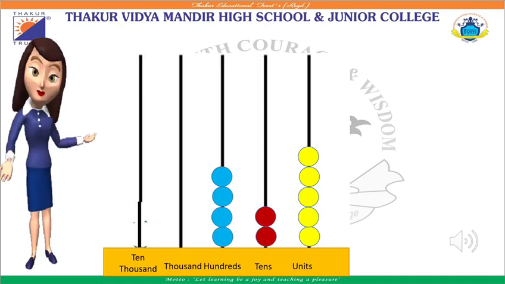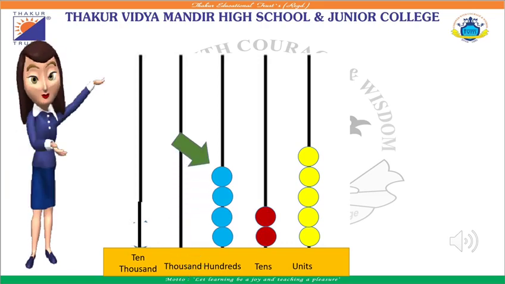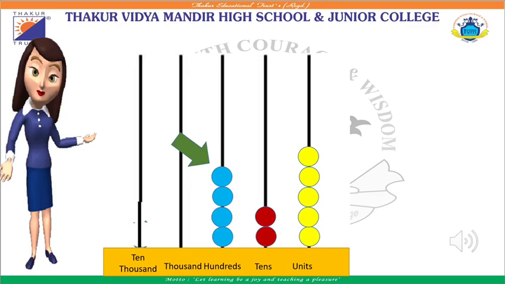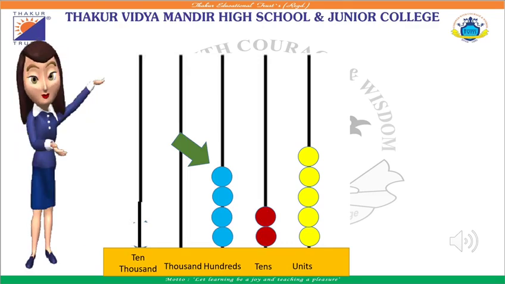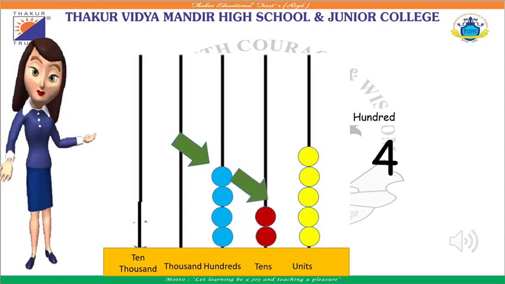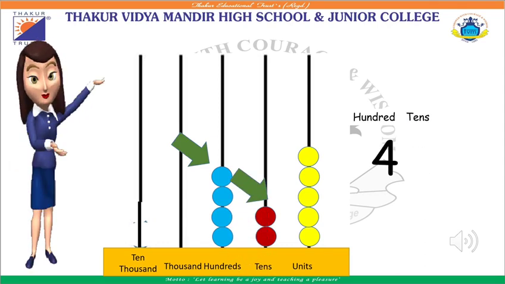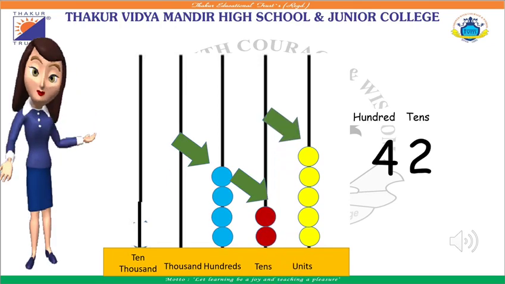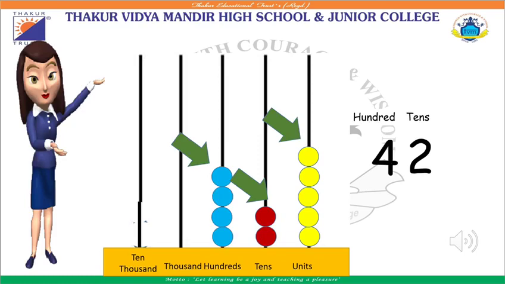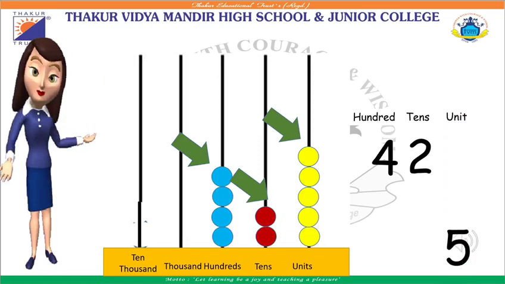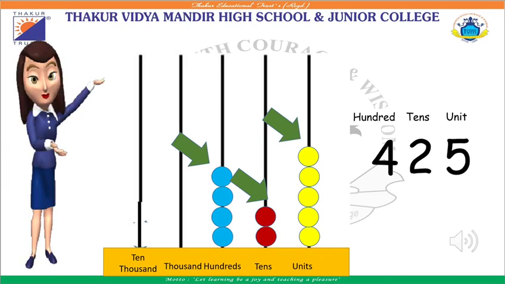How many balls are there in 100 place? 1, 2, 3, 4. So it is 400. Now the tens place. How many balls are there? 1, 2. So the next digit is 2. And in units place, how many balls are there? 1, 2, 3, 4 and 5. So the digit is 425.